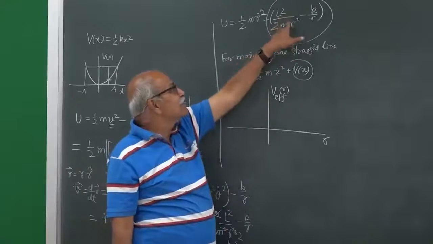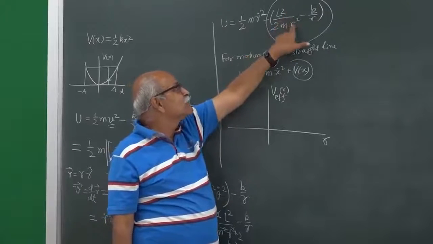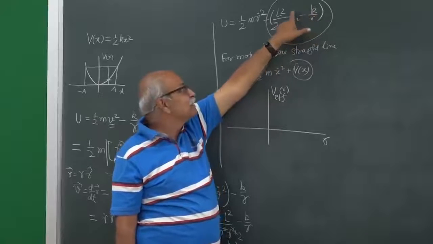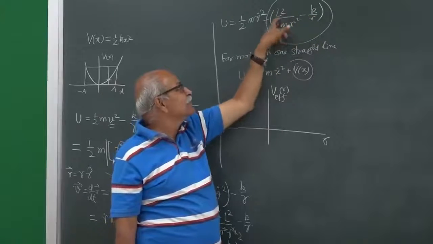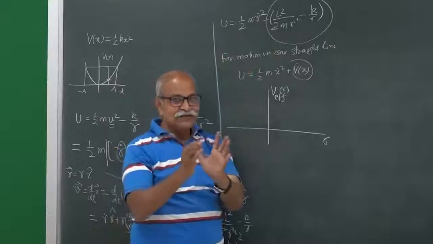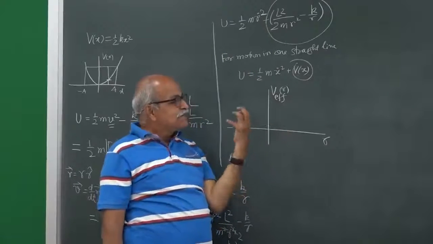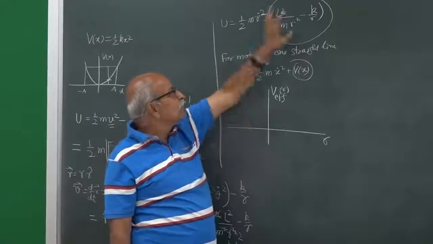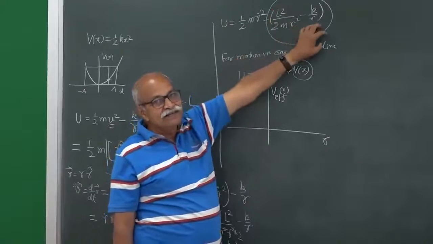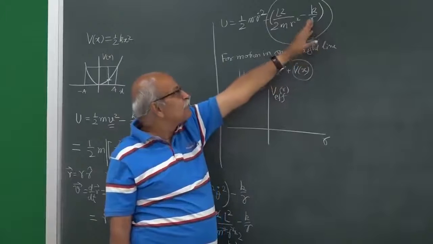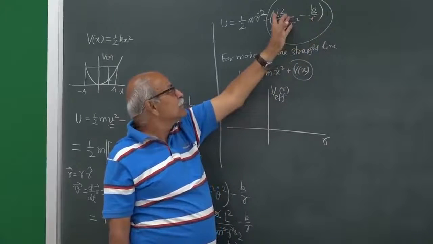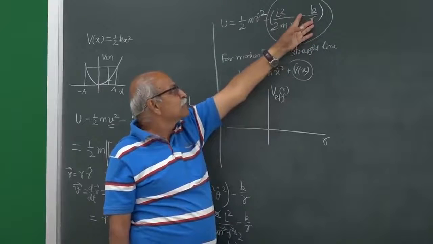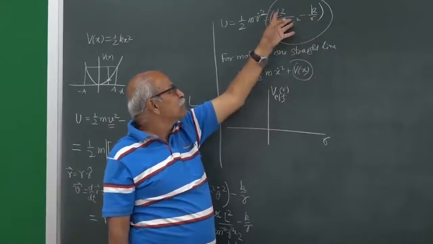So, this 1 by r square term will dominate over the 1 by r term. L square, m, k are all fixed, so if r is sufficiently small, you can always make this much larger than this. For very small values of r, the positive term will dominate, and the negative term will be much smaller in magnitude.